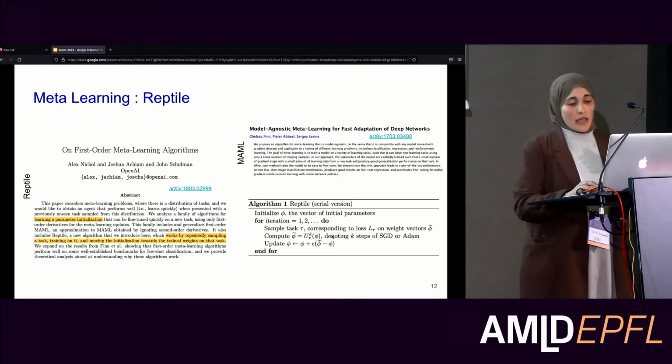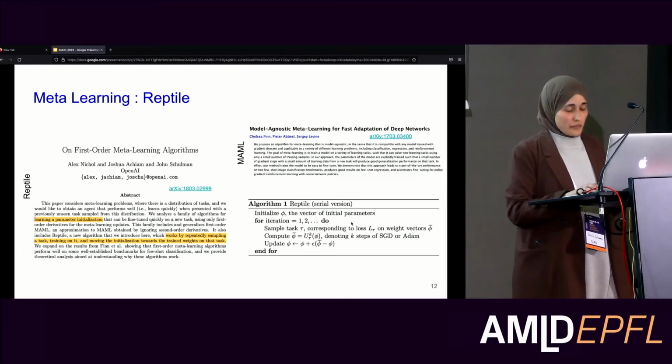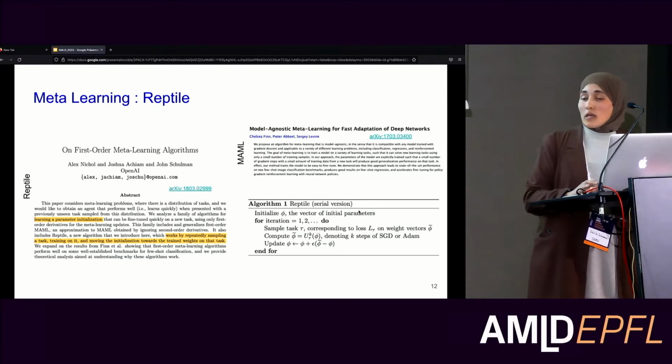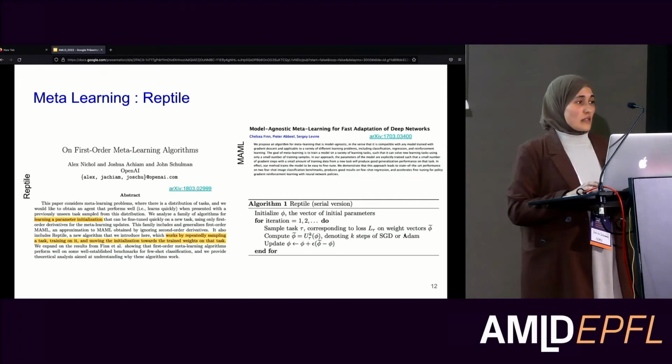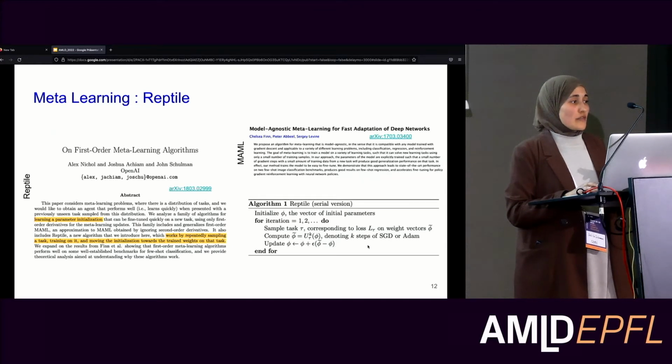It works by running stochastic gradient descent on a specific task, and then updating the initialization weights towards the weights that you get after running k steps of the SGD. So this is the algorithm.